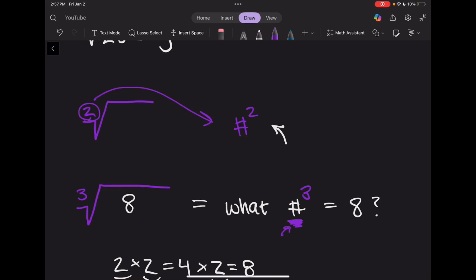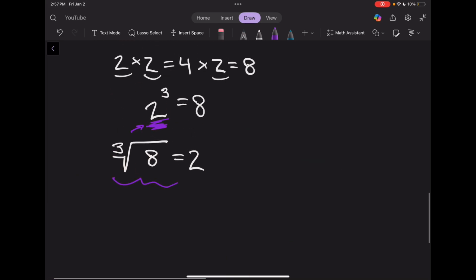Now that you have some understanding of a square root and a cube root, which this is the same thing as just a regular square root right there, and then a cube root will always have this 3 right here. So now that you have that down, what could you imagine this to be? Or how would you go about tackling this kind of problem?